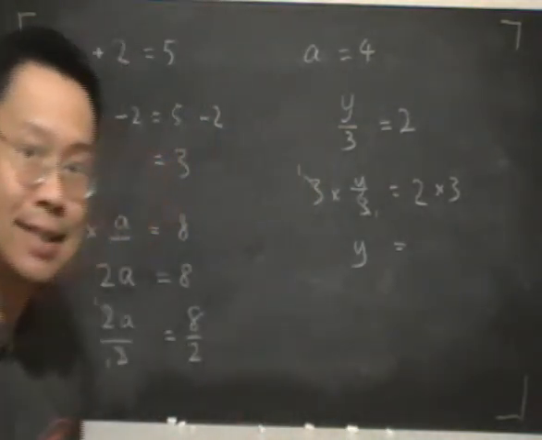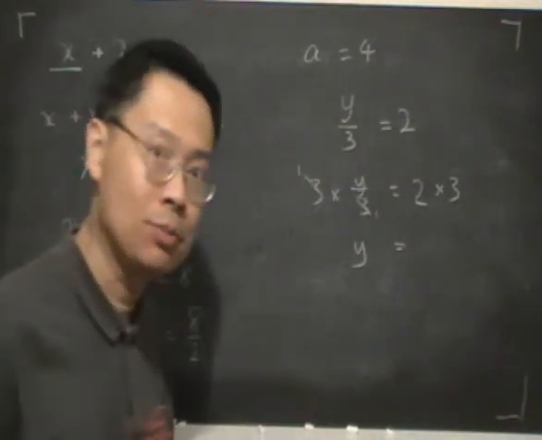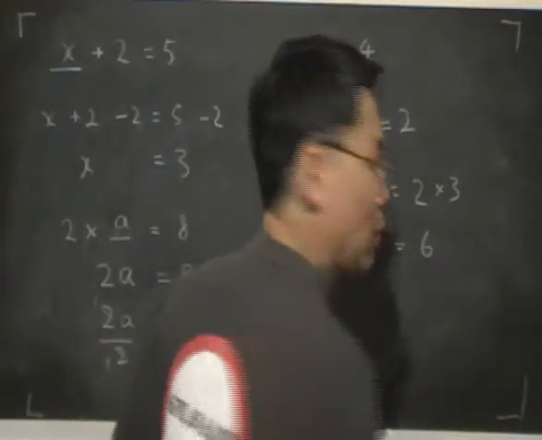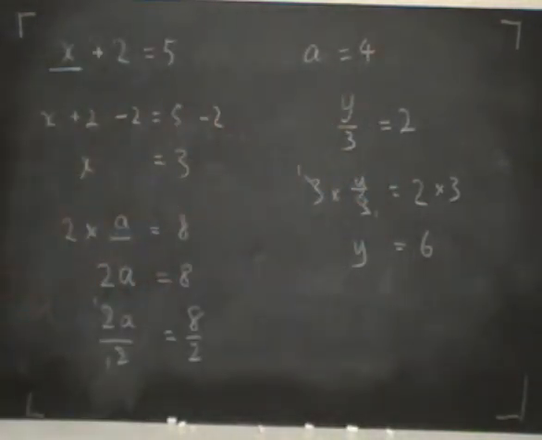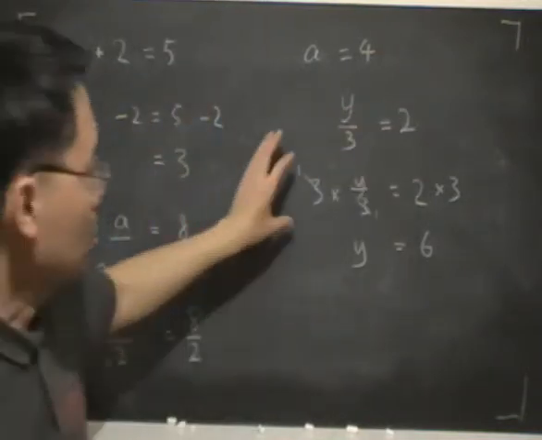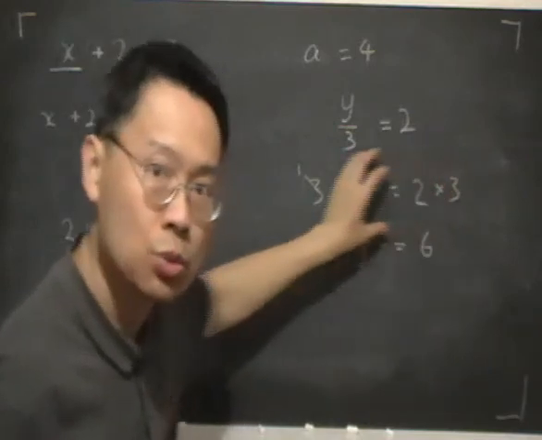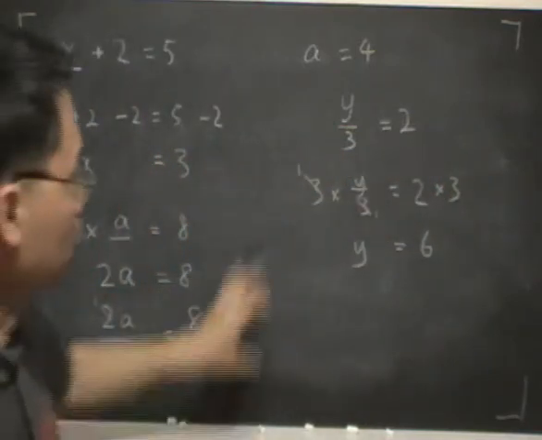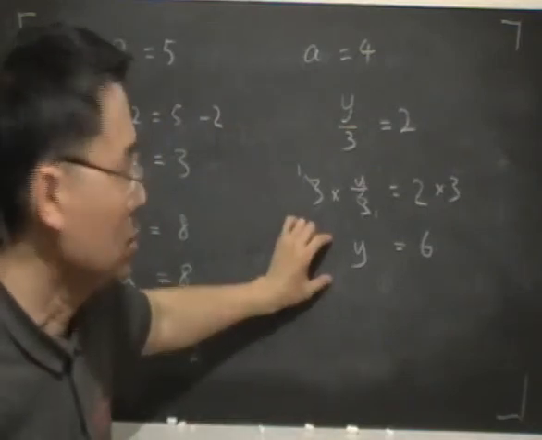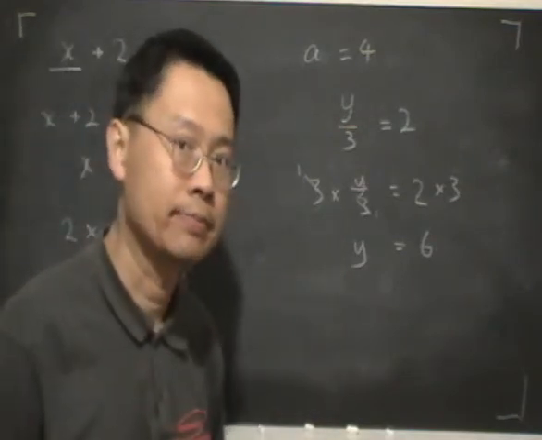And on the right side, we have 2 times 3, which is 6. And we already know that it's 6, right? 6 divided by 3 is equal to 2. And using this rule of doing the same thing to both sides, we can find the answer.